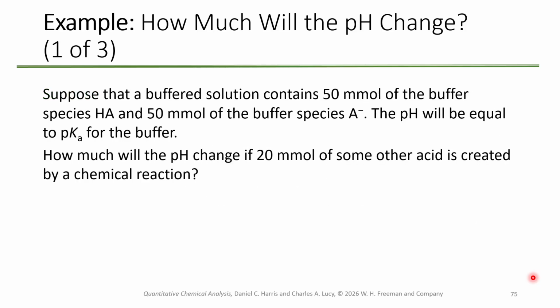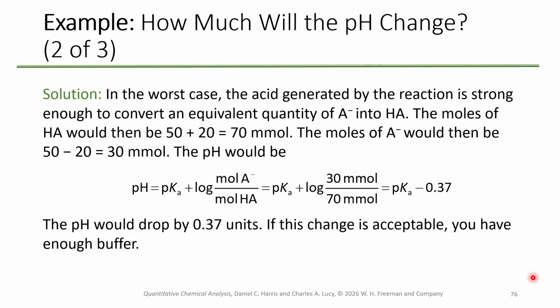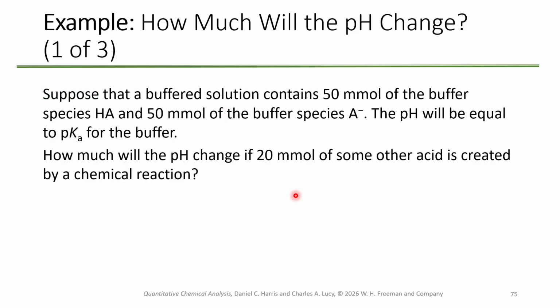This is actually how you would calculate how much pH change you would get. Remember, you just run this through your equilibrium, and so you can just use your pKa here and look at how much you would neutralize the species. So let's have a buffer solution containing 50 millimole of the buffer species and 50 millimole of the conjugate base of that. Your pH is going to equal the pKa of the buffer.